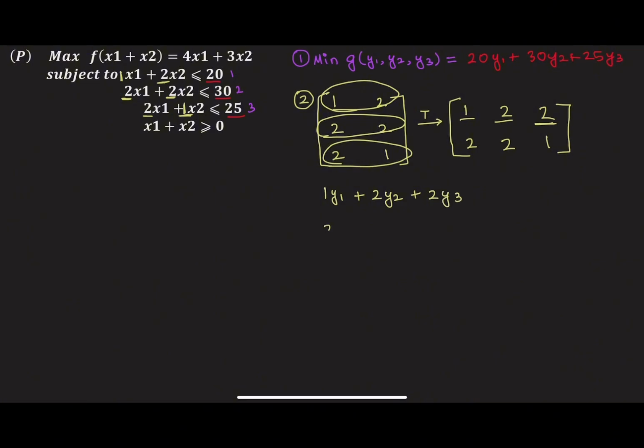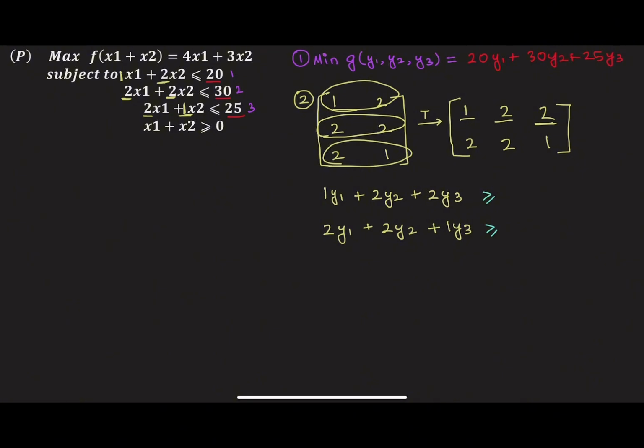And then the second constraint is 2y1 plus 2y2 plus 1y3. Now what comes on the right hand side? So we flip the inequality sign. So here we had less than or equal to. Here we'll have greater than or equal to.